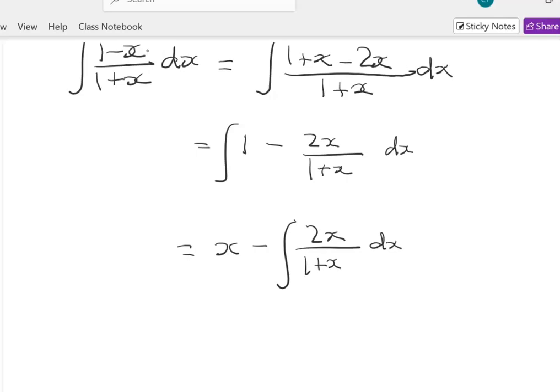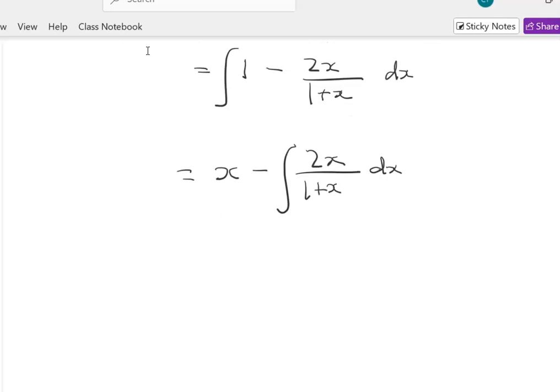Now I'm still going to go off and do a u substitution, but the constant comes out slightly differently, and I think it's quite cool to just have a look at how it all works out. So if we let u equal 1 plus x, u minus 1 is equal to x. 2u minus 2 is equal to 2x, right?